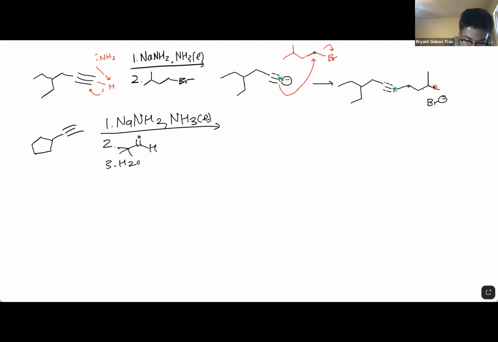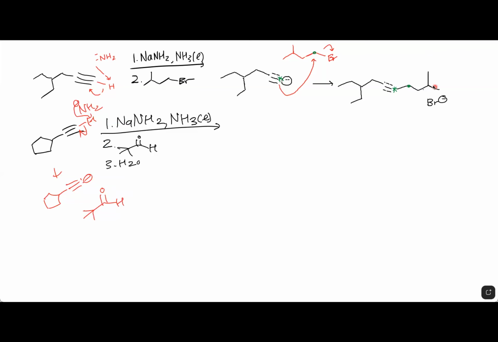The second reaction here, let's say we know the first step is going to be the exact same. The NH2 minus grabs that hydrogen, makes that alkyne anion here. Now, can you tell me what is going to happen between that alkyne anion and this carbonyl?